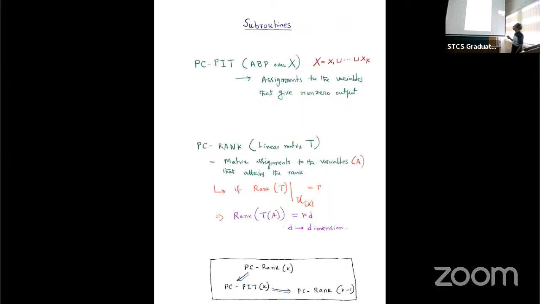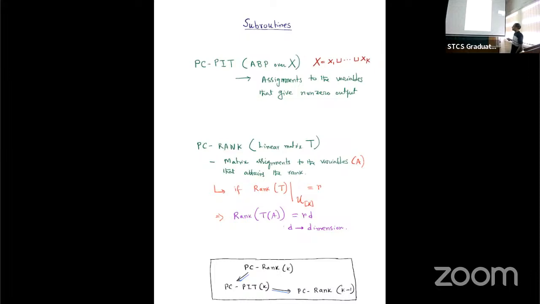So in particular, what this PC PIT algorithm does is take an ABP over this variable set X and find a non-zero assignment if the ABP is non-zero. And this PC rank algorithm takes a linear matrix P and assigns a matrix assignment to the variables which witnesses the rank.